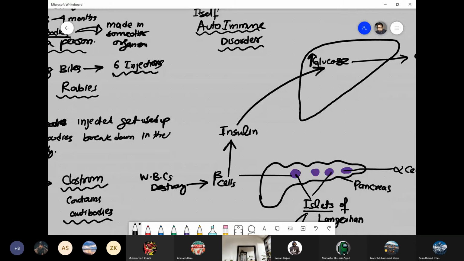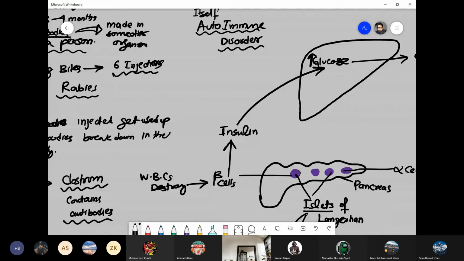And boys, just imagine when the insulin cannot be produced, then what will happen? Then the glucose cannot be changed to glycogen. And as the glucose cannot be changed to glycogen anymore, the blood glucose level will remain high.